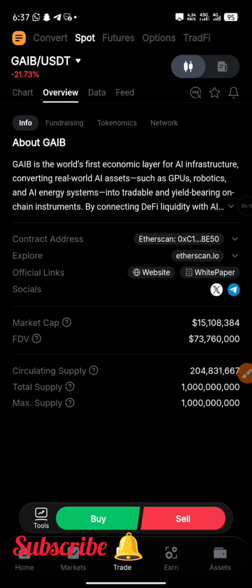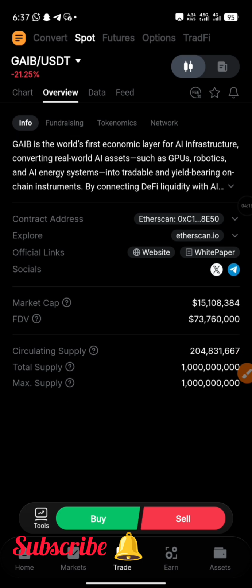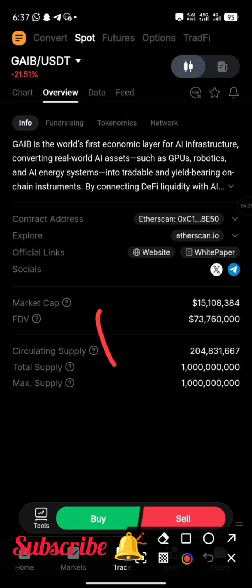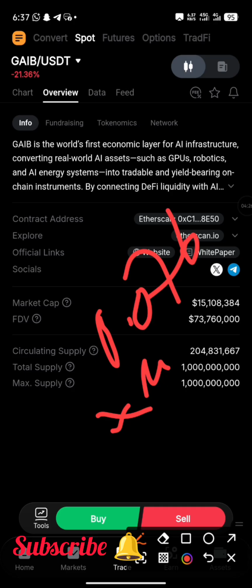If you multiply the price of this particular token, which is 0.0776, by the circulating supply, it will give you this market cap. So it's important because it affects the market cap.